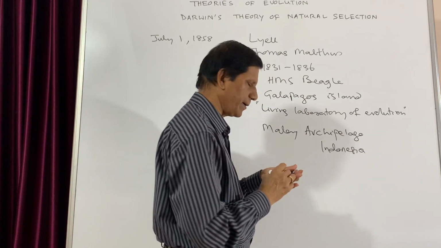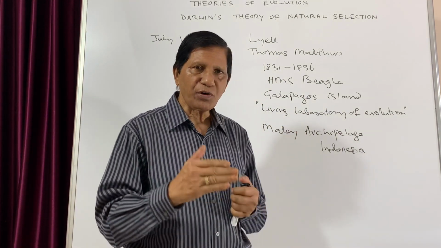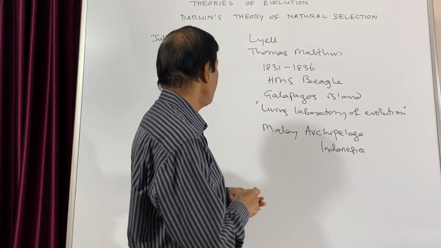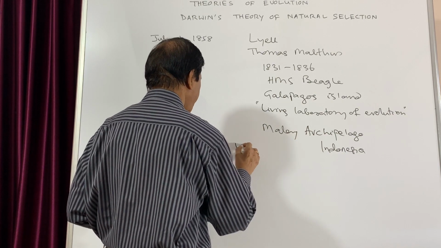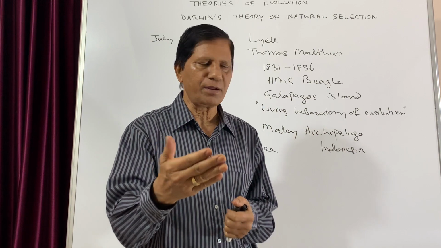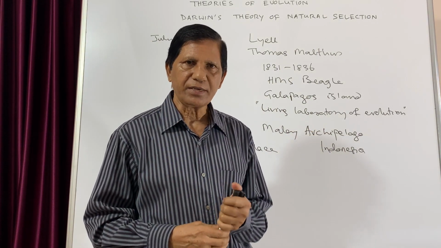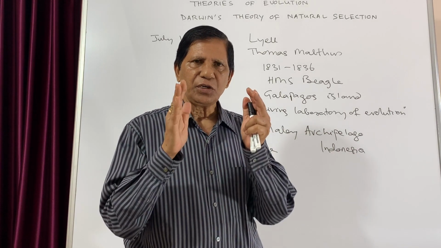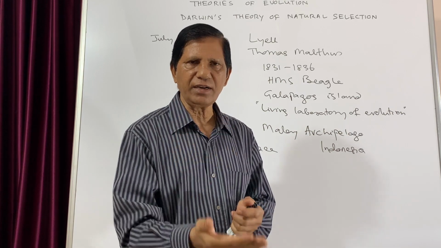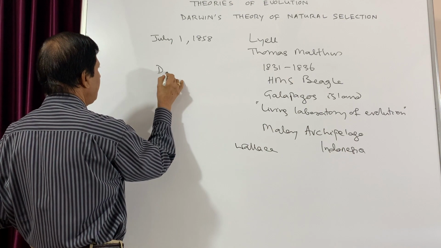Both of them were working. But when Darwin was formulating his theory, he got a brief essay from Wallace about the work he had done on the Malaya archipelago. But the documents prepared by Darwin were more authentic. That is why the theory is known as Darwinism.